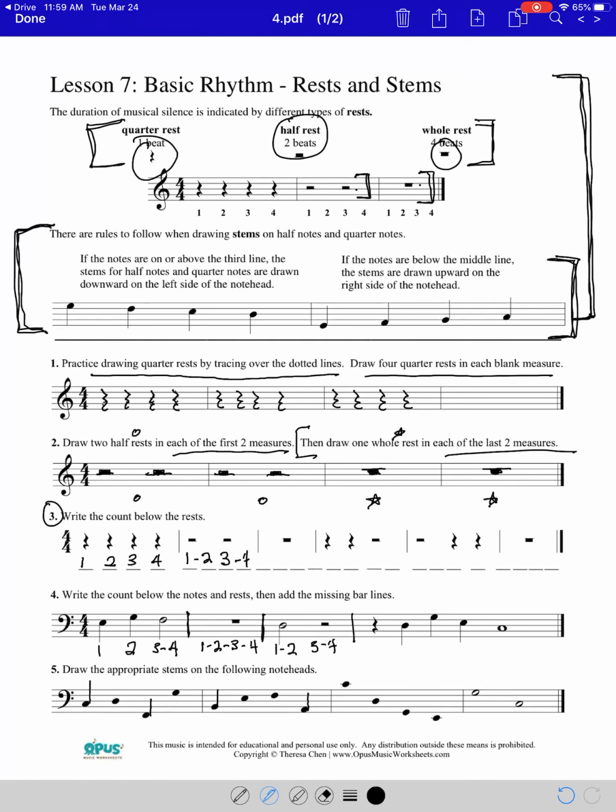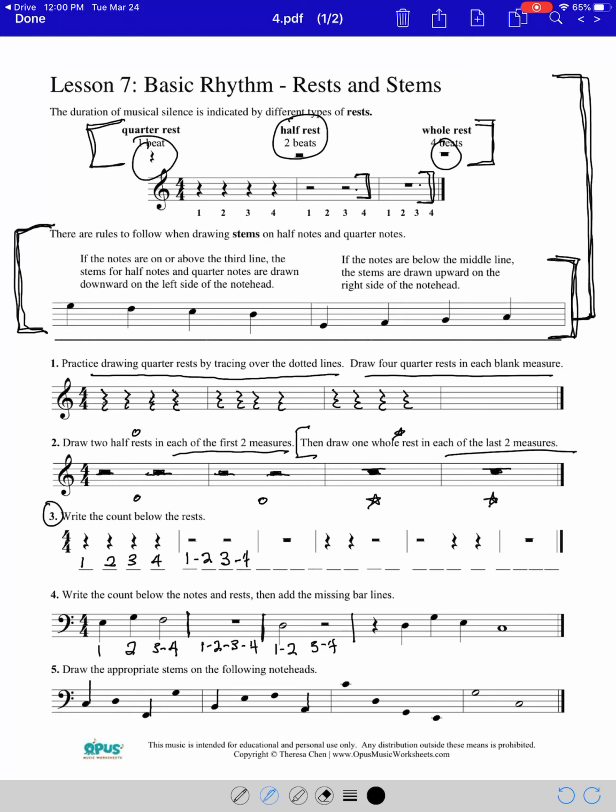Right? And if it's on the middle line or above, so that would be this one, and this one, and this one, and this one, and so on, the line goes on the left and down. So it's like this. On the left and down, on the left and down. I never want to put it on the right and down. That's really, really bad technique.